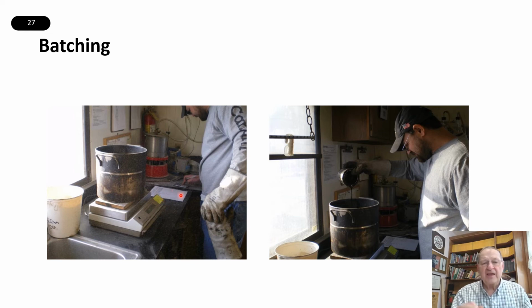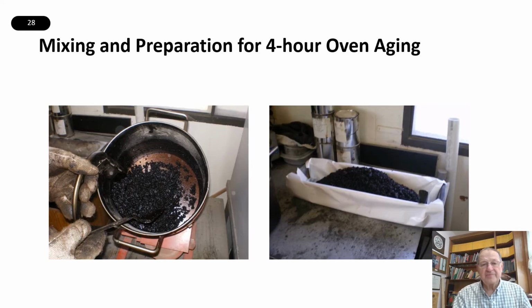We've calculated how many grams of asphalt binder we need to add, and we add the asphalt binder to it. Now we put the bucket and the mixing paddle onto the mixer, and we allow it to mix until it is well coated. Then we put it back into a pan. Now it's going to go into the oven for short-term aging, and that short-term aging is 4 hours.